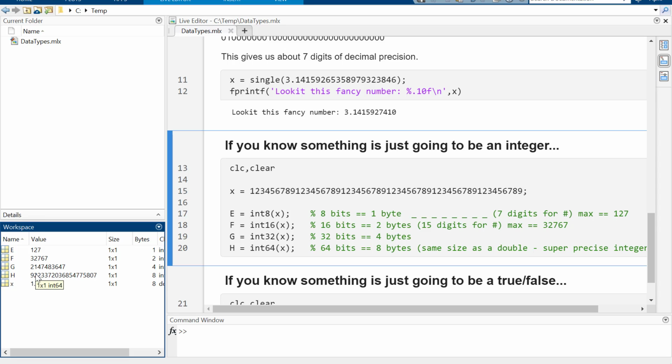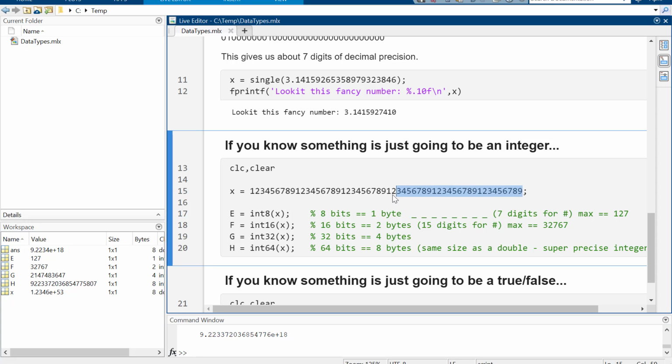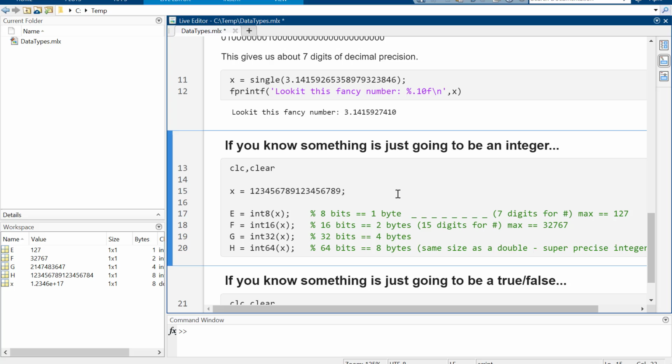This one eventually got tired. These all got tired. How many did I say? 8 bytes? So the biggest number I could do was 2 to the 63 minus 1. So the biggest number would be 9 times 10 to the 18th. I'm clearly way past that. That's not 18 either. It's 20.